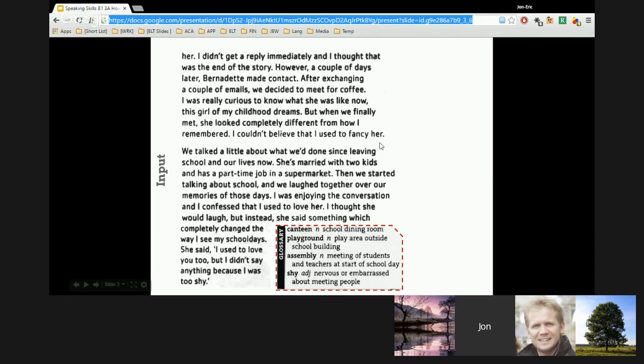Maybe because of her conversation. Right, but how did it? It's true. But how did that change his view of his own past? How did that change his perspective of his own past? Maybe, yes, because she is married with 2 kids and she lives in an apartment and is doing a part-time job in a supermarket.